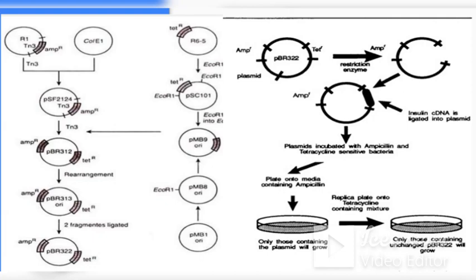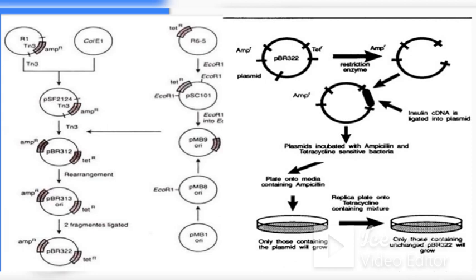The Tn3 element was then transposed to pMB9 to form pBR312. EcoRI rearrangement of pBR312 led to the formation of pBR313, from which 2 separate fragments were isolated and ligated together to form pBR322. During this series of constructions, R1 and ColE1 served only as carriers for Tn3.